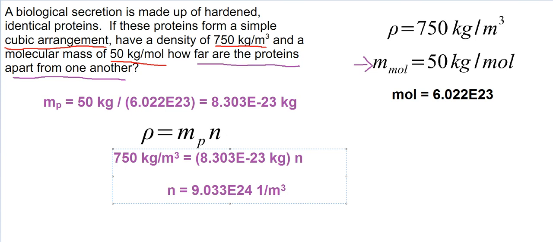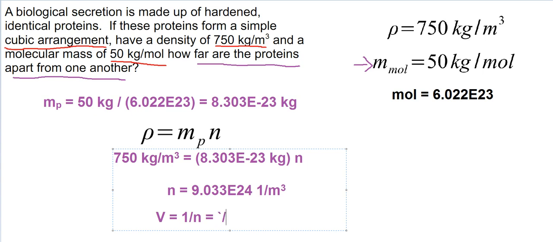Now, you might ask, well, how does this help me do anything? Well, at the end of the day, if I know how many of them fit inside a cubic meter, I can actually find the volume that each individual one takes up by simply taking 1 over the number density. Since the number density is the number per unit volume, if you flip this around, you will get how much volume each one takes up.